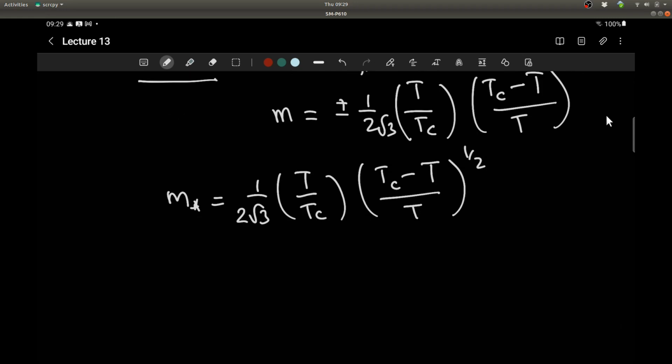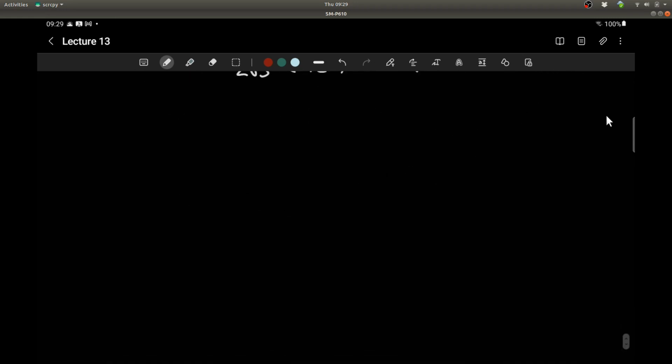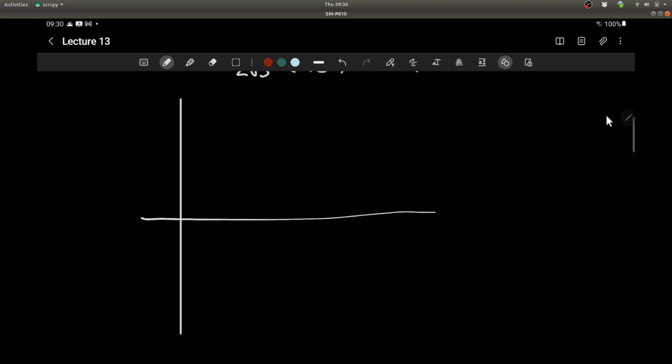So now we are ready to do a plot. So let's do this interesting plot, which is the, on this axis we will have T, on this axis we will have magnetization, and let's just mark TC here.